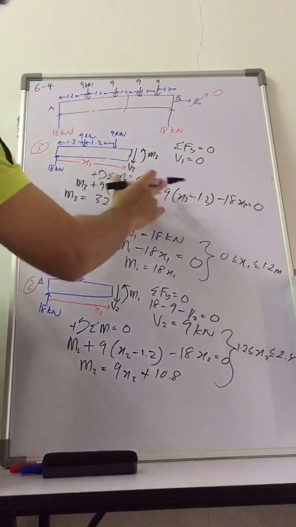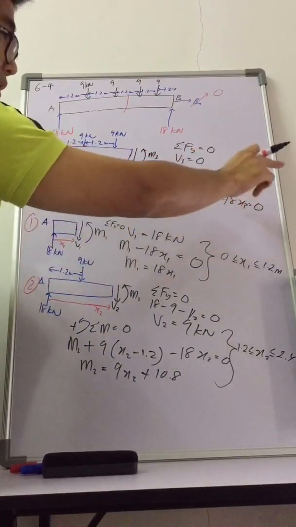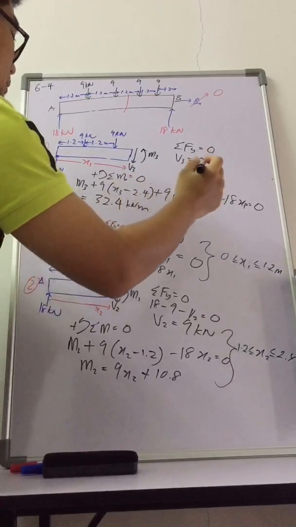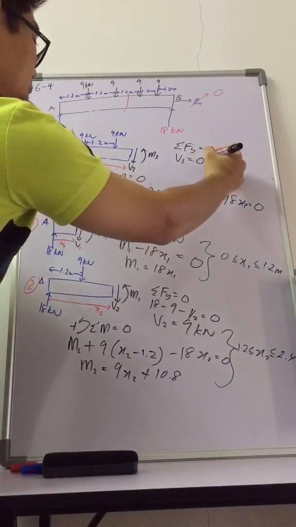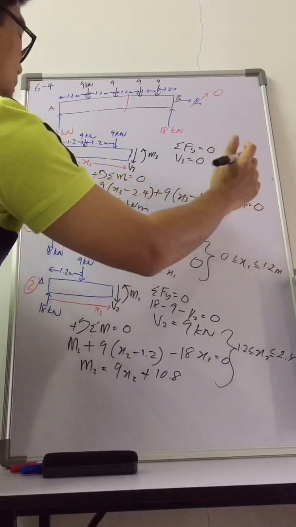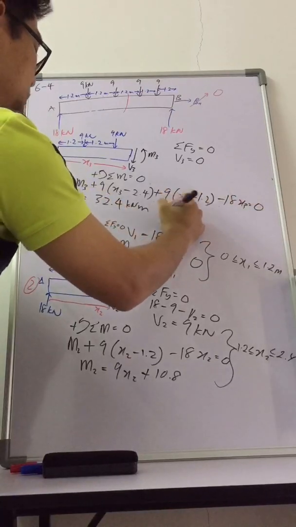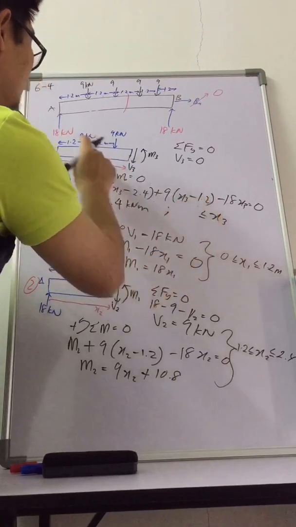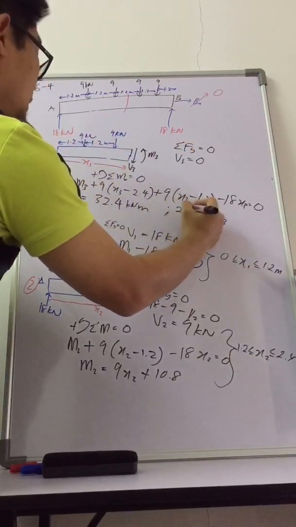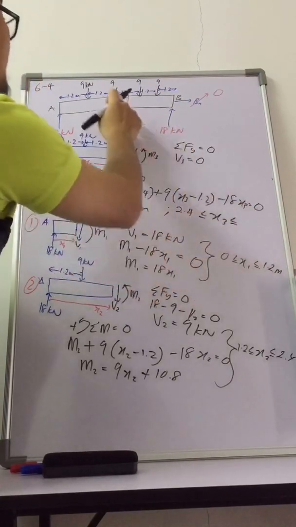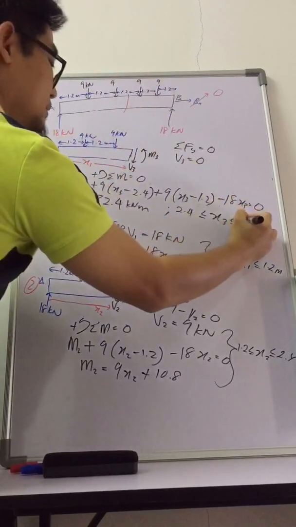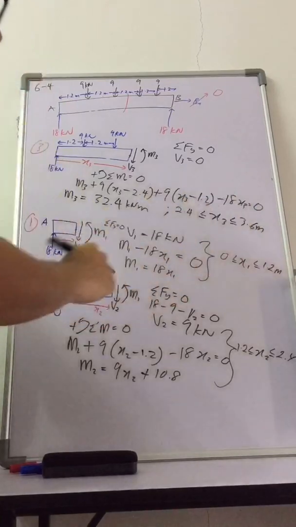Okay, it's minus here, but when you bring it to the other side of the equation, it will be plus, right? Now I don't have space. So this X3, the range will be between 2.4 to 3.6 meter, right?